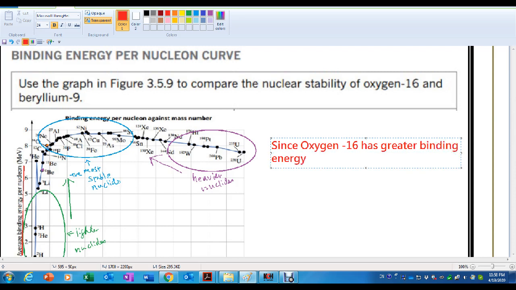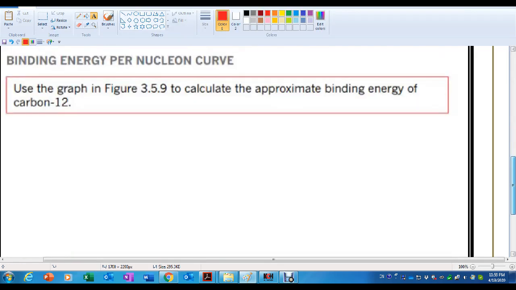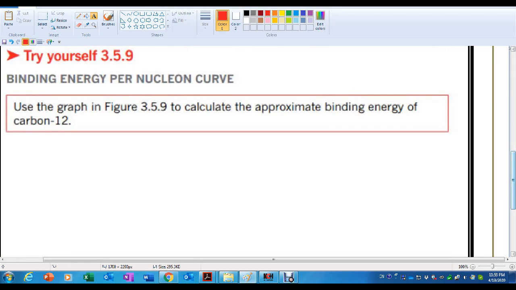Remember, don't just write binding energy. You must write binding energy per nucleon. Then beryllium, no, that's... 16 is more stable. That's it. Easy, right? Okay, use the same graph to do this one.